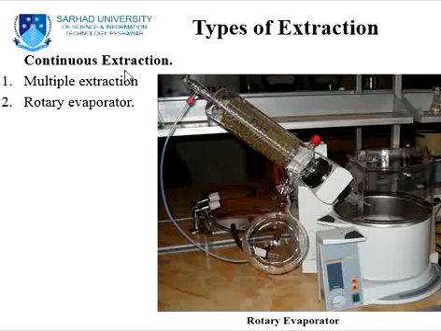Number two is continuous extraction. On a small scale or laboratory scale, if a large amount of multiple extraction or separation of extragent and aqueous extractant needs to be done, continuous extraction is preferred. For this purpose, a rotary evaporator is usually used.